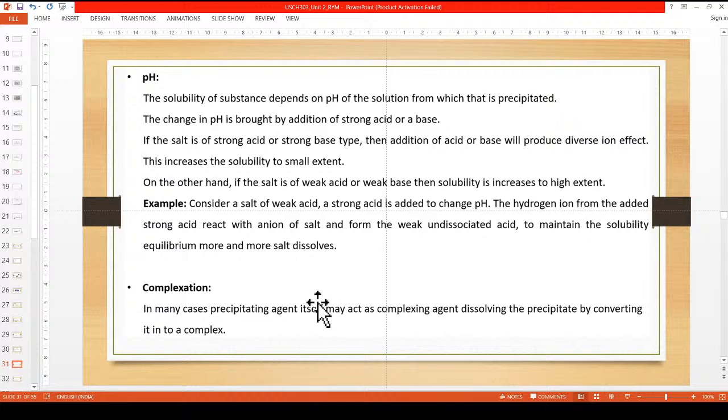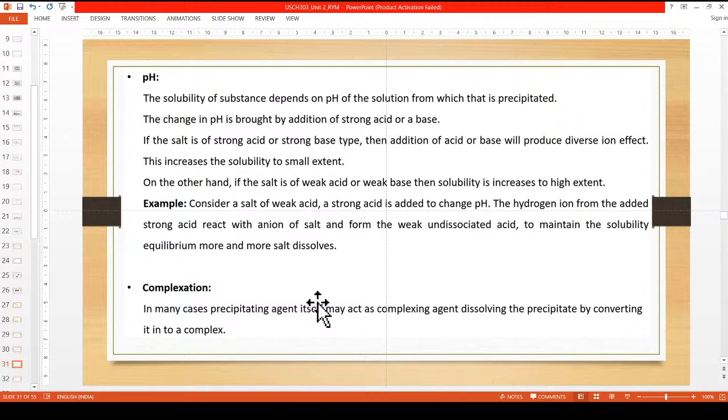Very common. Then pH. Since the pH of the reaction affects the formation of precipitate, it is very much required to maintain the pH of the solution. That's why, instead of using strong acids or strong bases or separate compounds, most of the time for a chemical reaction, if it is pH sensitive, buffer solutions are added.